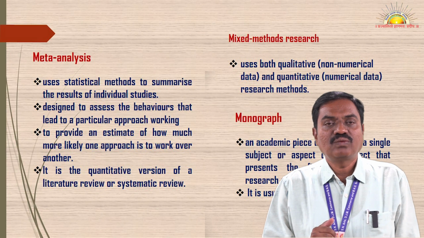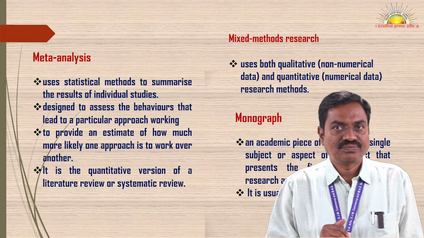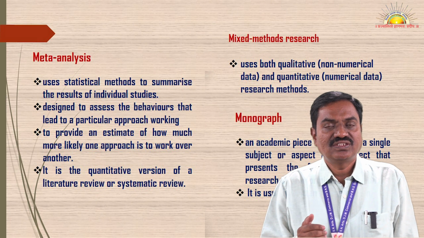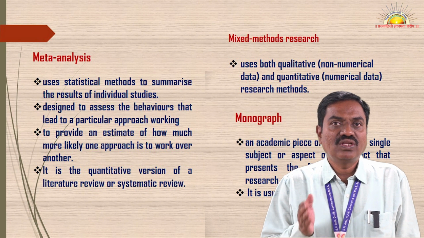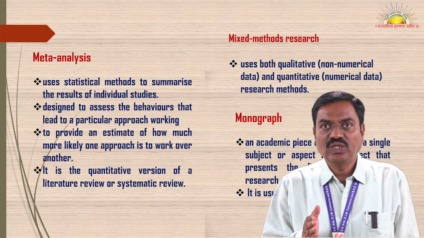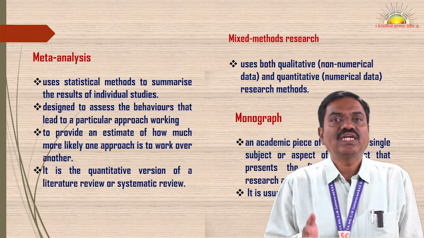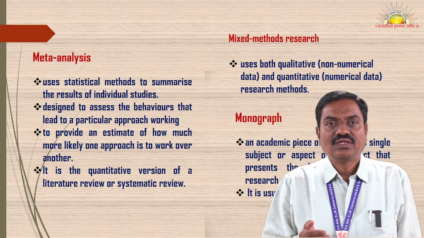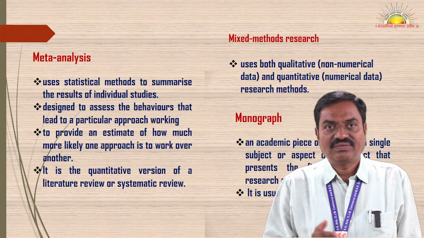The next term that I am going to talk about is mixed methods research. Mixed methods research is research that uses both qualitative, that is non-numerical data, and quantitative, that is numerical data. Next term is monograph.